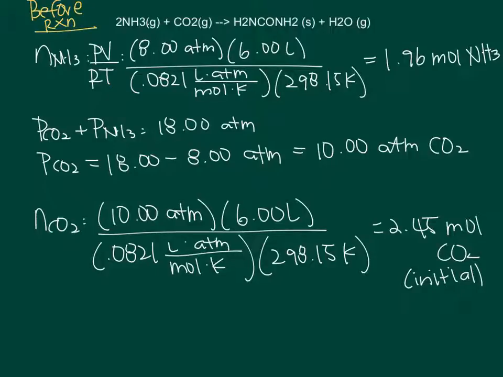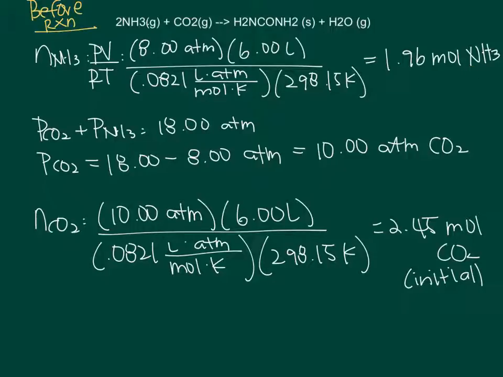Plugging in the numbers, the partial pressure of ammonia was 8.00 atm in a 6-liter flask over 0.0821 liter atm per mole Kelvin for R, multiplied by the temperature, 25 degrees, which is equivalent to 298.15 Kelvin. That gives us 1.96 moles of NH3 before the reaction takes place.